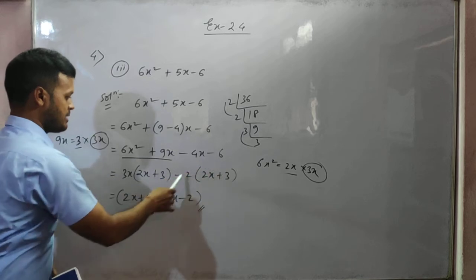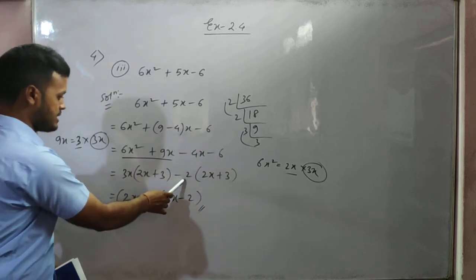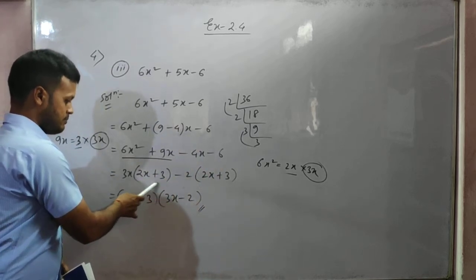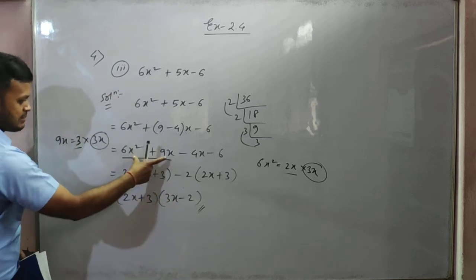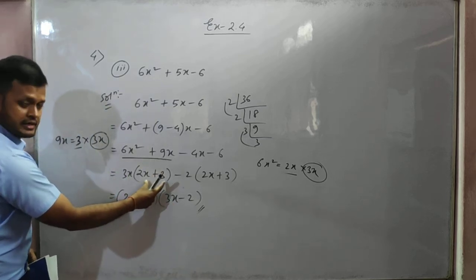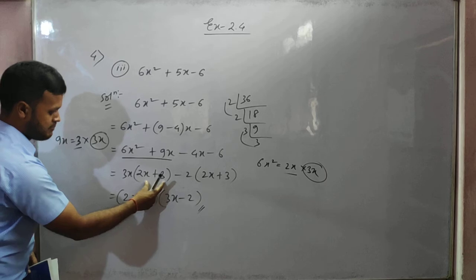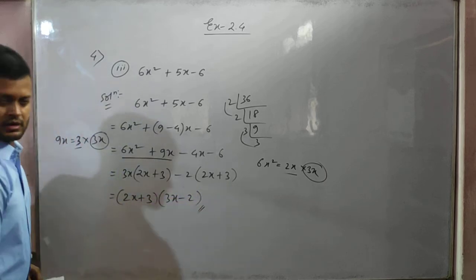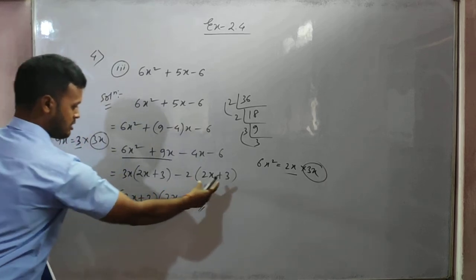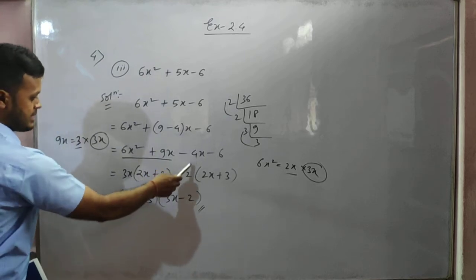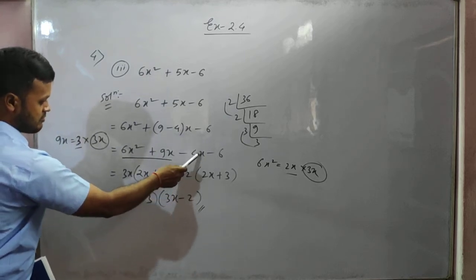And from these two I am taking minus 2 common. Because whatever I have taken common earlier, I got this bracket inside. The same polynomial I have to get here also. So therefore I am taking minus 2 common. If I take minus 2 common from here, I will get 2x.